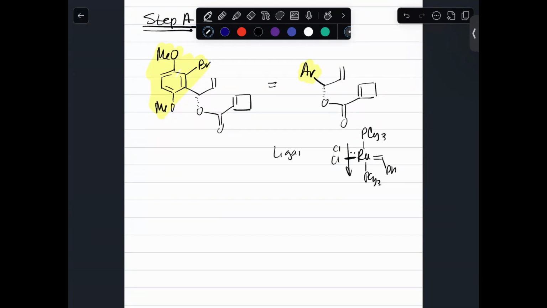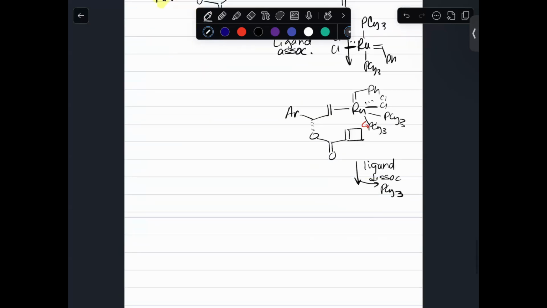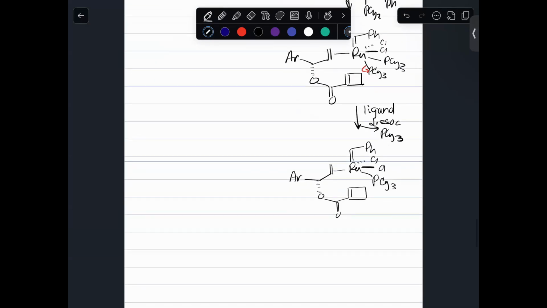I've got my ligand dissociation. I've got my migratory or my pseudo-migratory insertion.